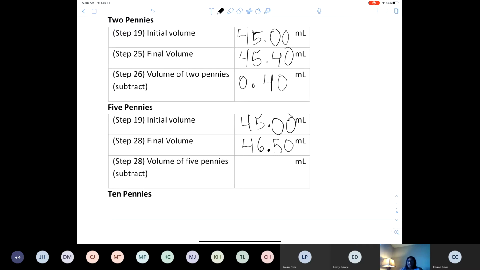If we do the subtraction, 46.5 minus 45 gives us 1.50 for our volume of 5 pennies, or 1.30 if your final volume was 46.30.